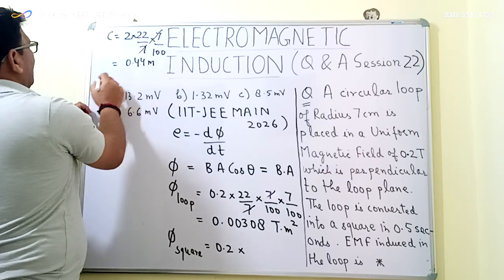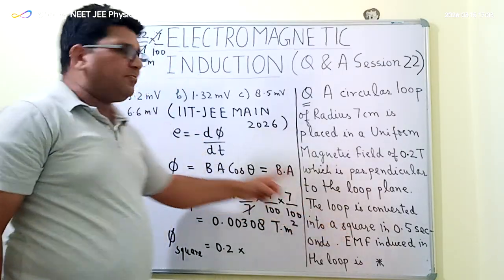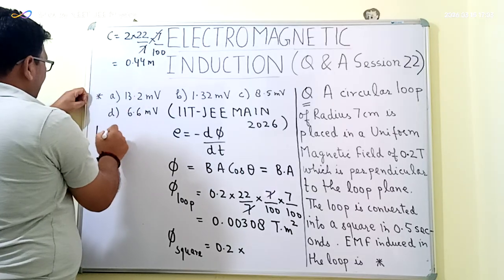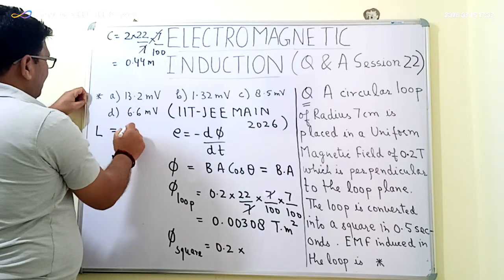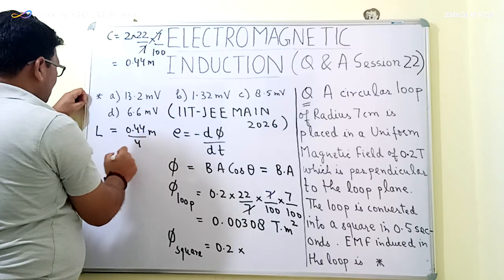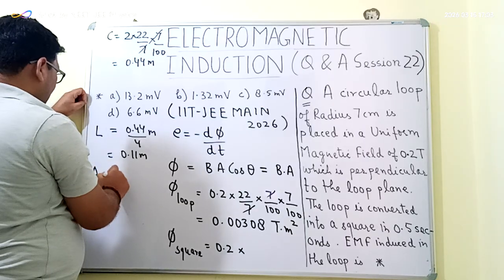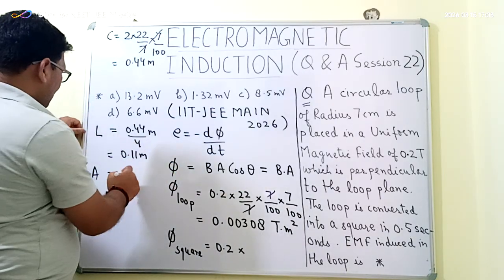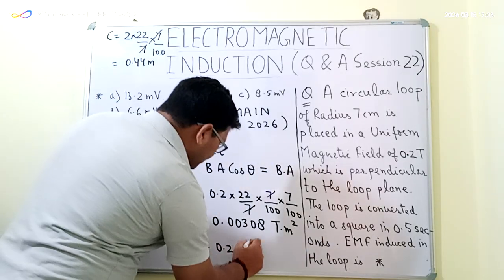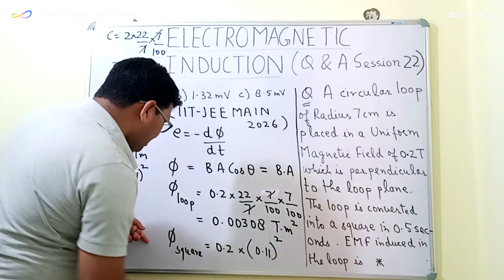So the length of each side of the square, let us say this is L, will be equal to 0.44 divided by 4 meters, and this is equal to 0.11 meter. So the area of the square will be equal to 0.11 whole square.